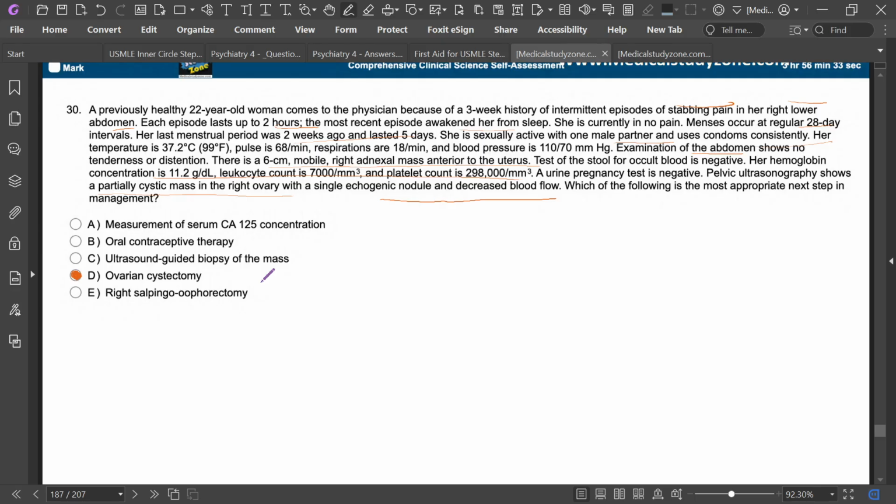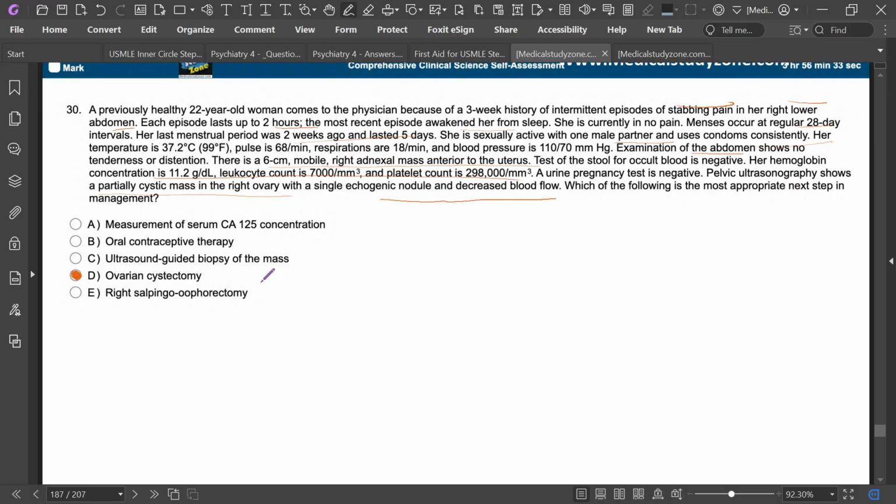Pelvic ultrasound shows a partially cystic mass in the right ovary with a single echogenic nodule and decreased... You need to memorize some of the lab values. If you just start looking at all the questions, then your time will be hampered, as we are doing now.